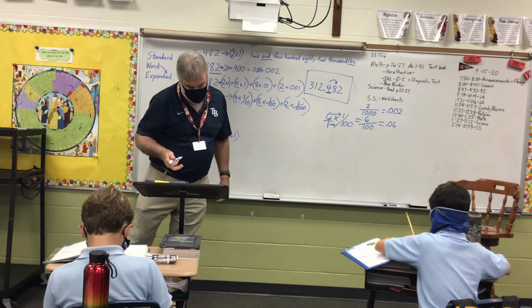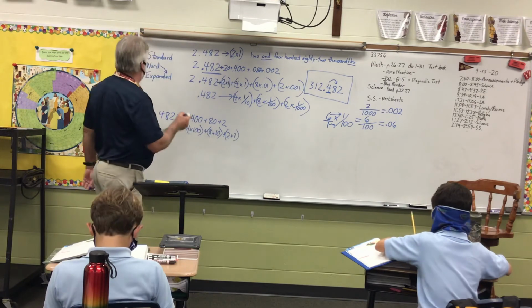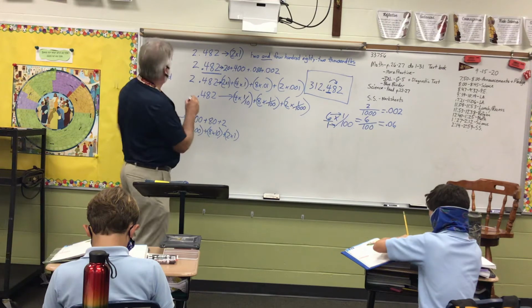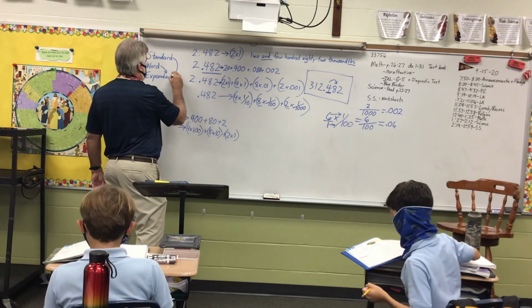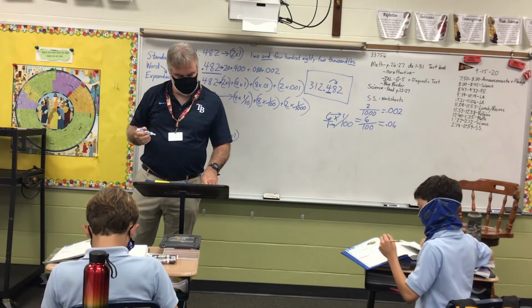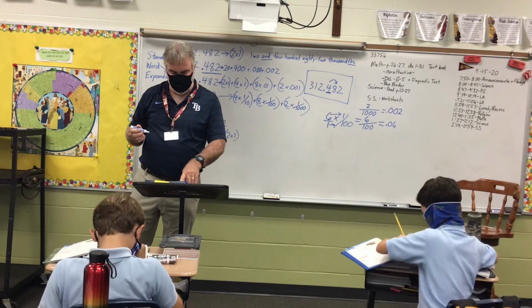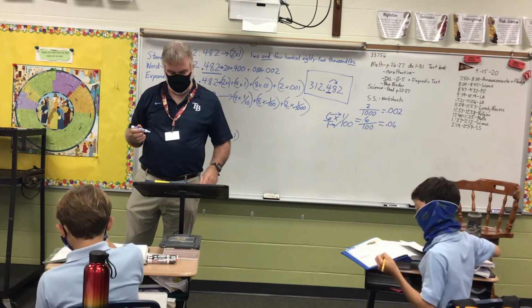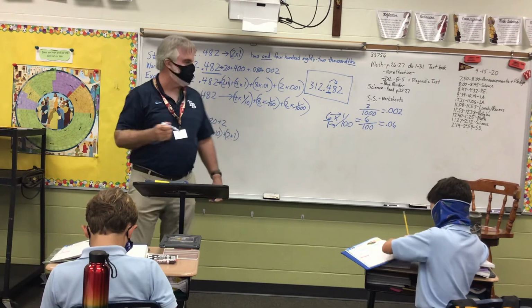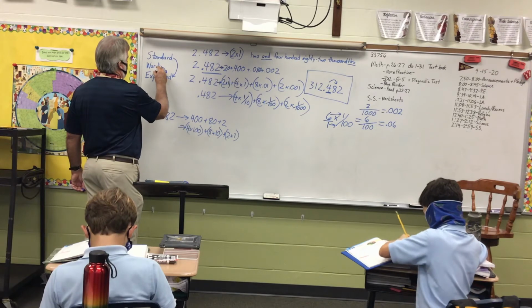And 17 through 22, you are writing from standard form to expanded form. Okay? In 26 and 27, you're writing from expanded form to word form.